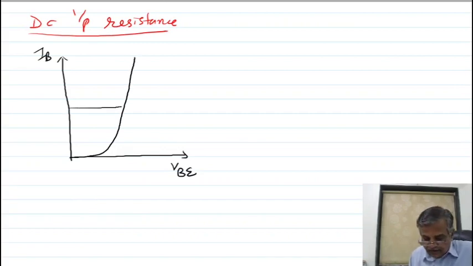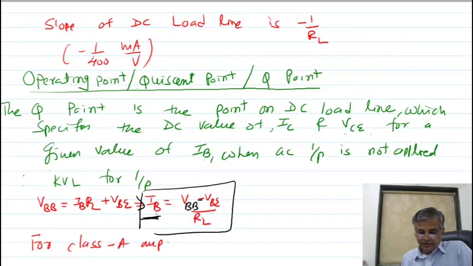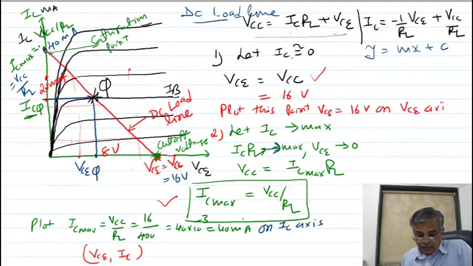Here I have to put your VBEQ and IBQ. What does it mean? Look here clearly, it means how much value of base current is flowing when the AC signal is not applied. Here you know this is VCEQ, ICQ, and this is IBQ.